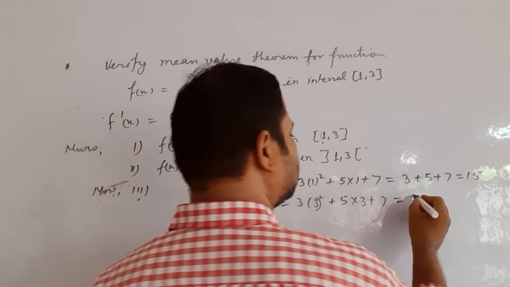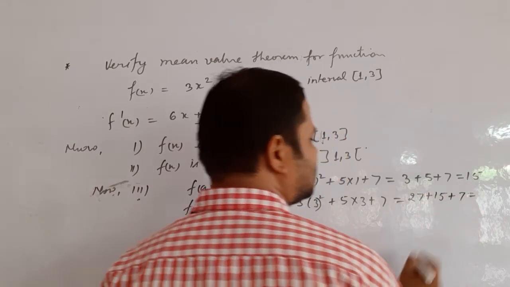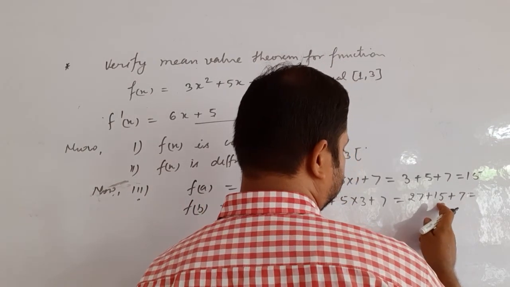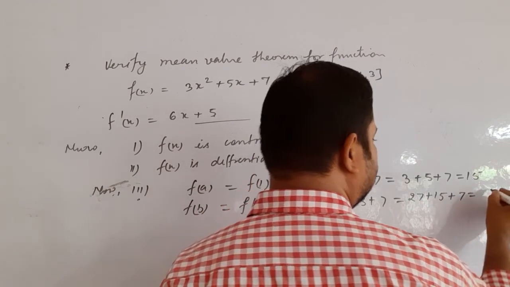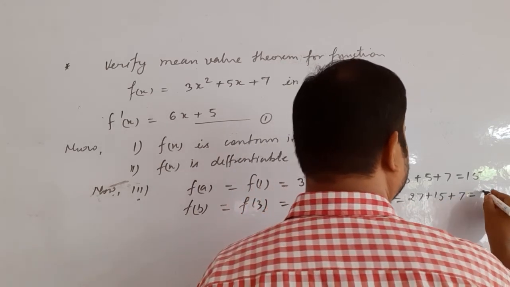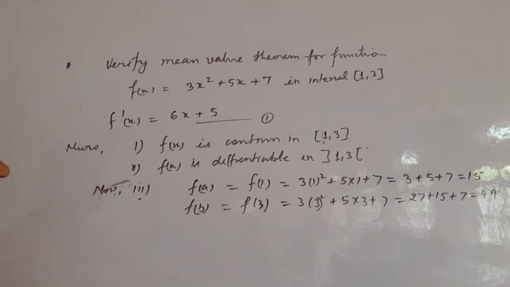So 3 nines are 27 plus 15 plus 7, this is 49. Okay. So this is f(b).